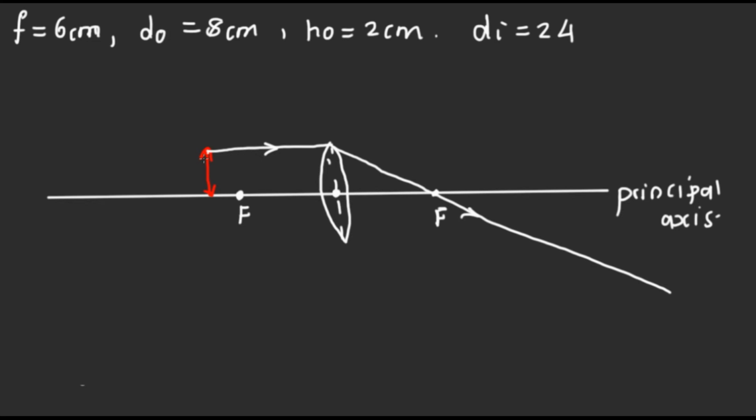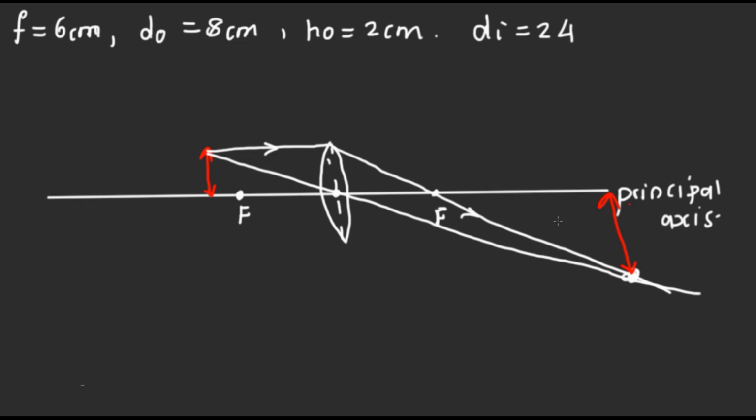Then number 2, I'm going to draw another straight line passing through the optical center. Right, then I'm going to draw another one passing through here. Okay, let me not include the second one, it's okay. So the point where these lines are meeting is where the image is likely to form.